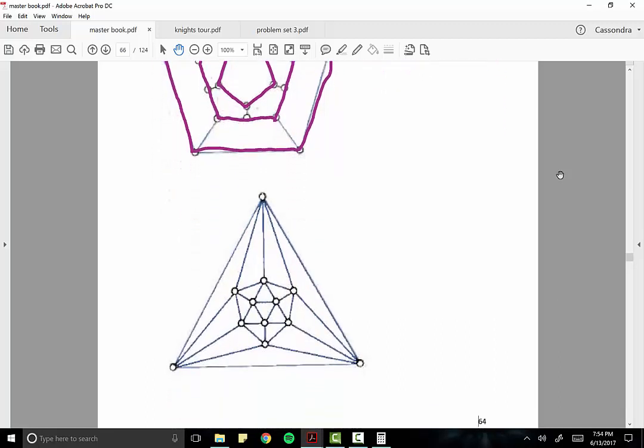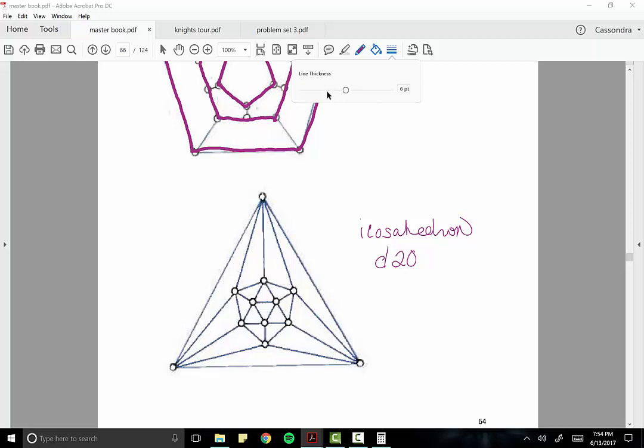This is an icosahedron, which for the nerds amongst us is actually a D20. So let's find the Hamilton cycle in the D20.